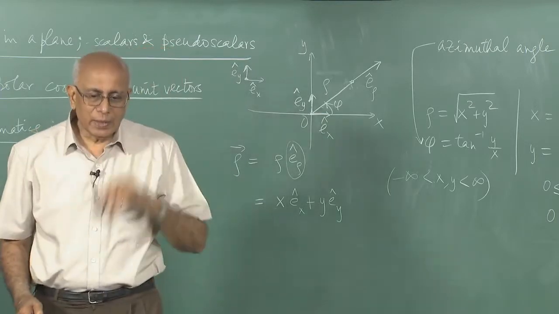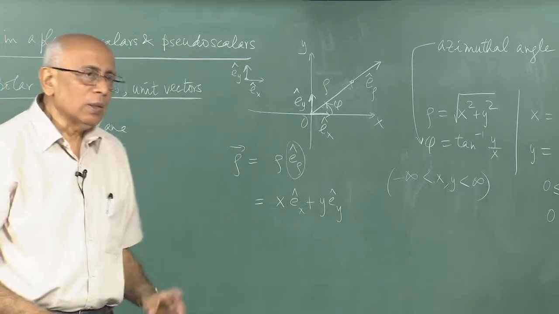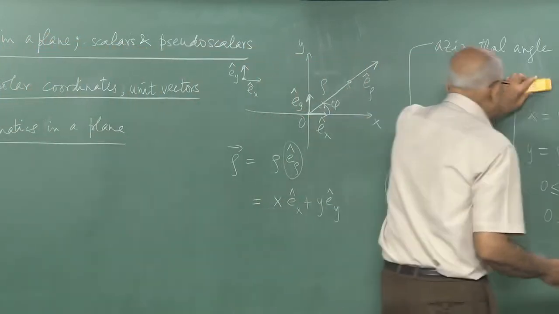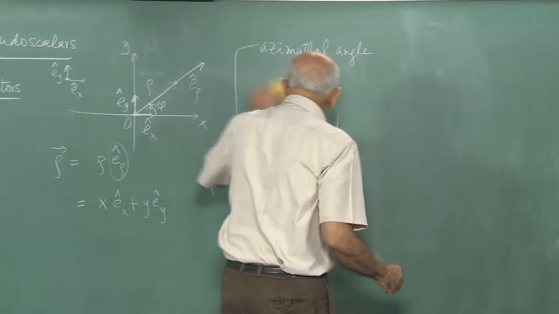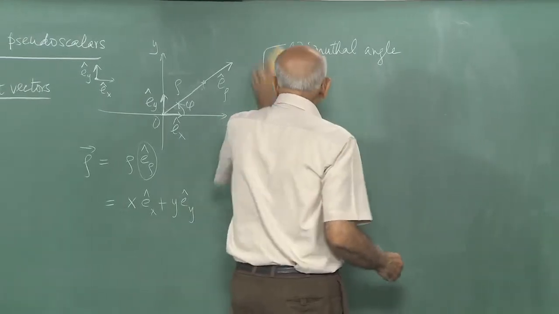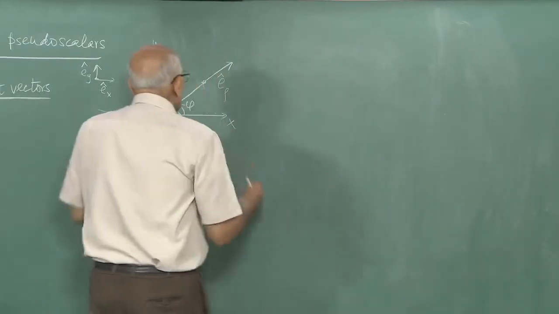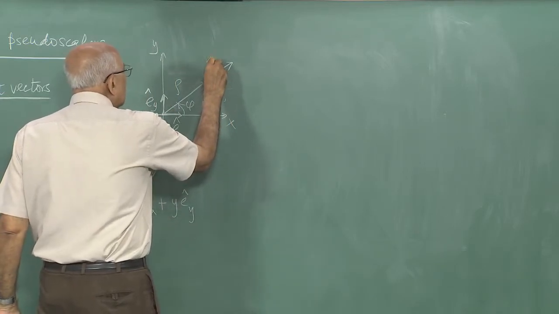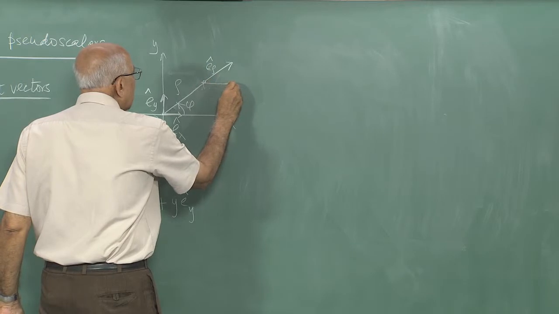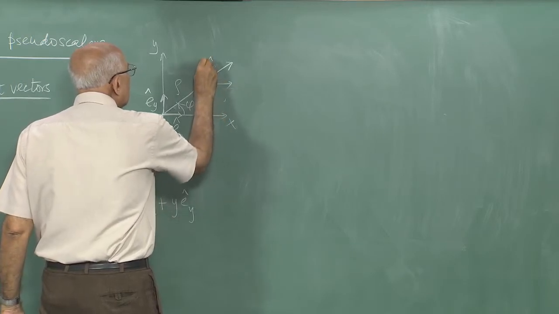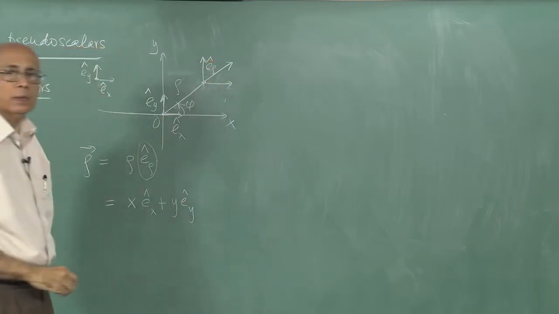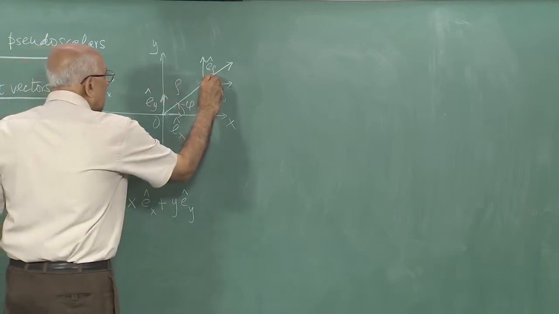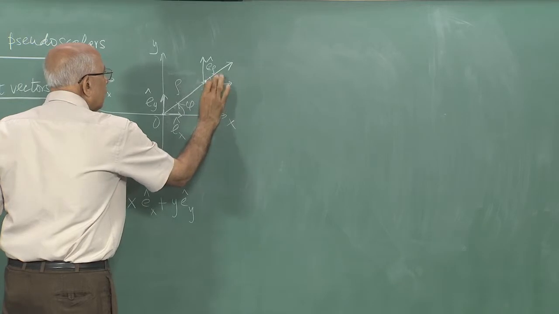And we'd like to know what's the dependence of this E rho on the coordinates themselves. Well, that's easy to write down, because all you have to do is to take this vector E rho and resolve it along Ex and along Ey in this fashion. Of course, by the law of corresponding angles, this angle is also phi.